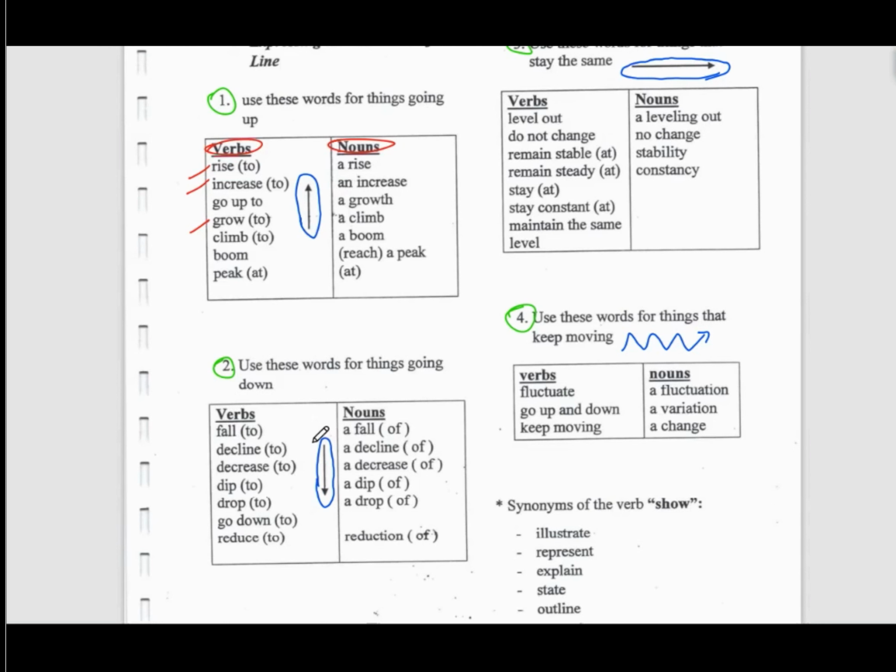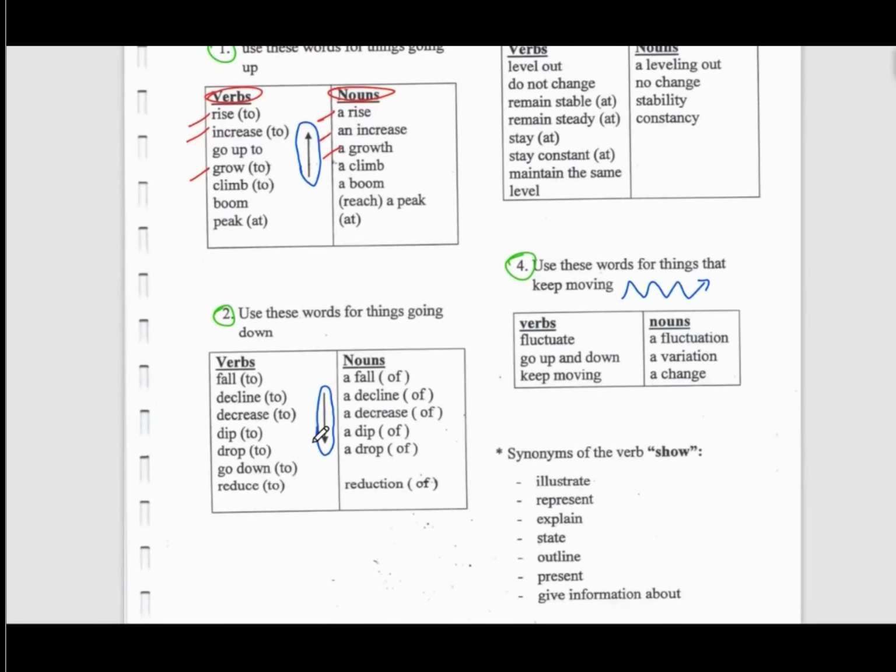So it's enough to know there is a rise, an increase, a growth. These 3 synonyms. So you will not always use the verb in the sentence, but sometimes you will use the noun. Okay, I will show you how. I'll give you examples.